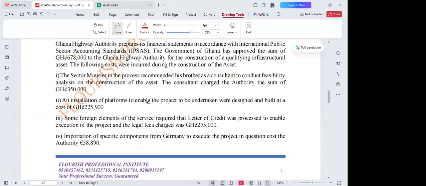IV. Importation of specific components from Germany to execute the project in question cost the authority €58,892.